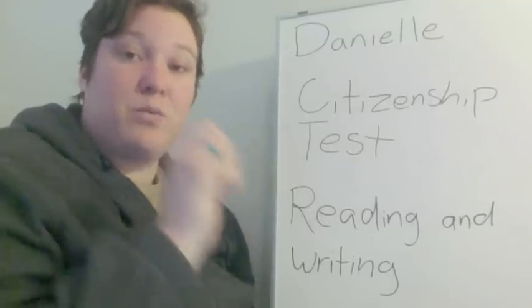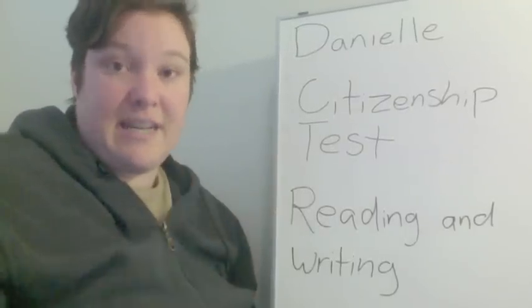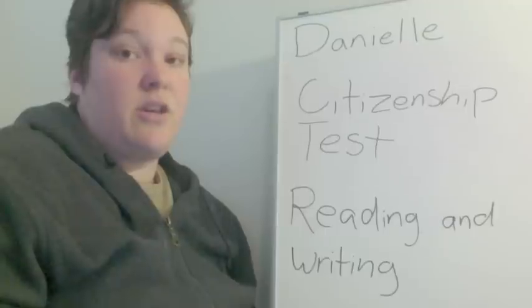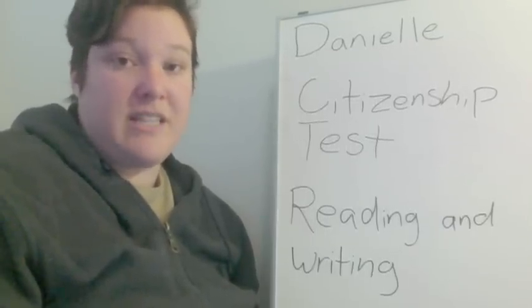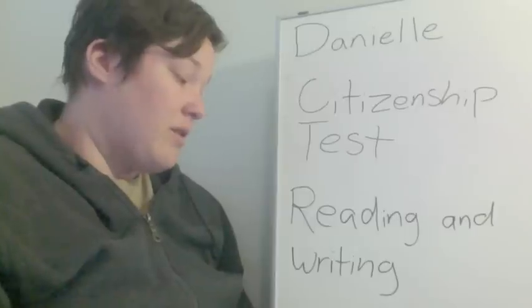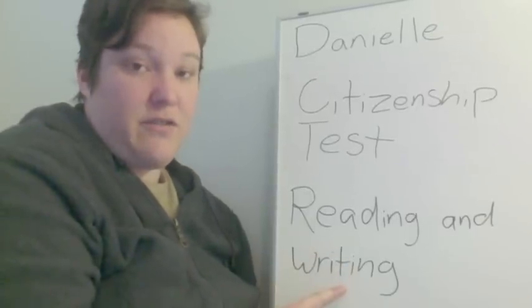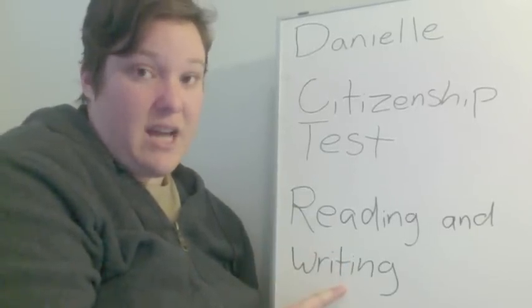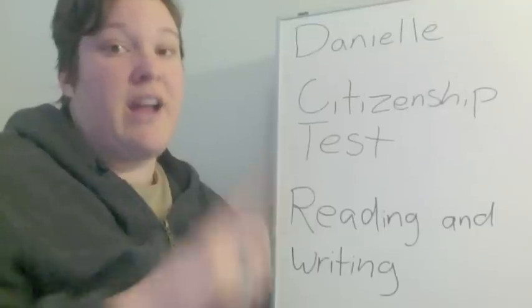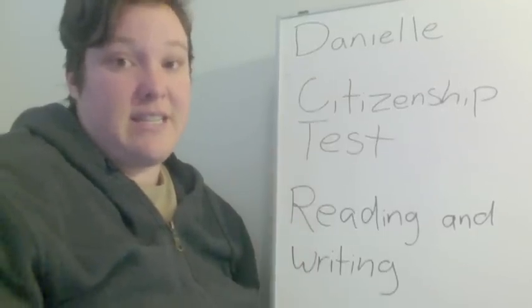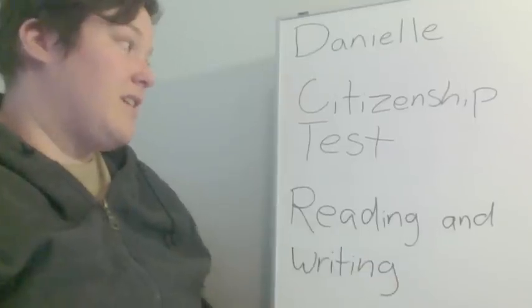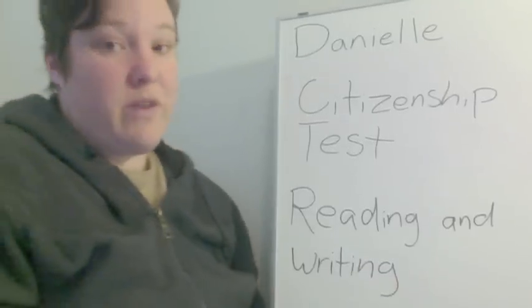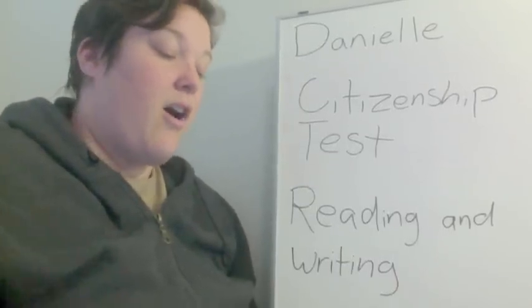You will have to write the sentences, so spelling and grammar needs to be correct. Out of the 3 sentences, you only have to write 1 of the 3 correctly.